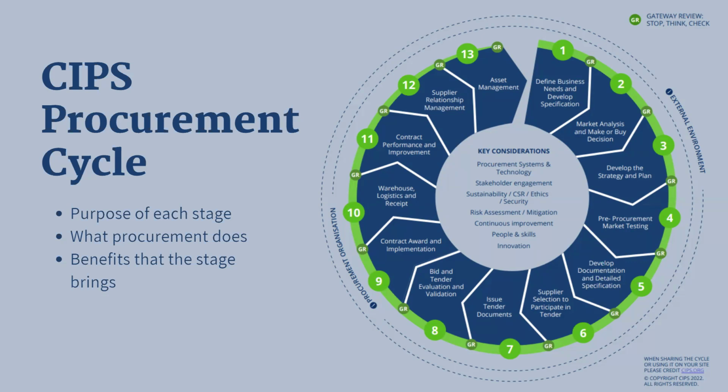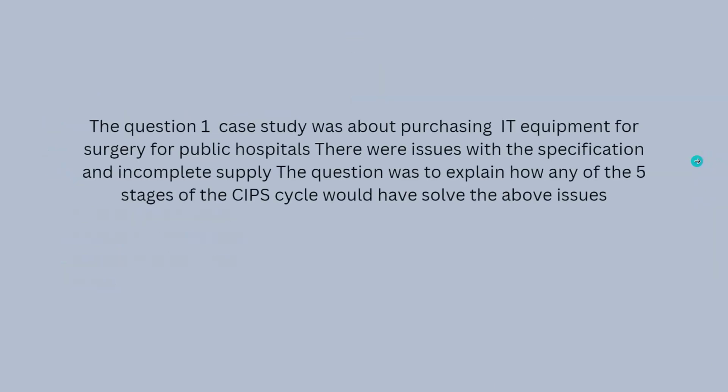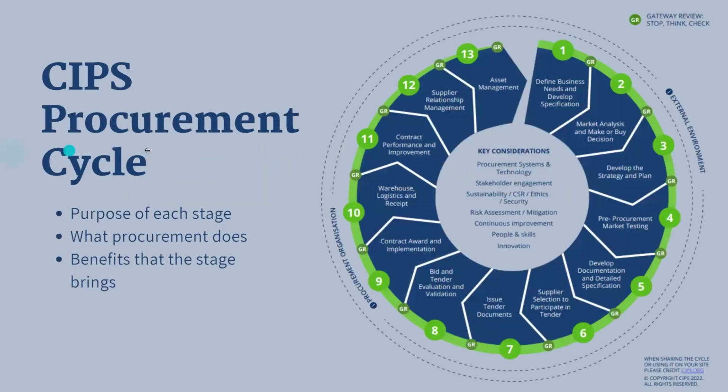Like with the problem from the specification, we can address that with stage number 1, where we can define the needs and collaborate with different stakeholders about the specification and the features that the equipment should have. And the second problem, the incomplete supply, we can do that.